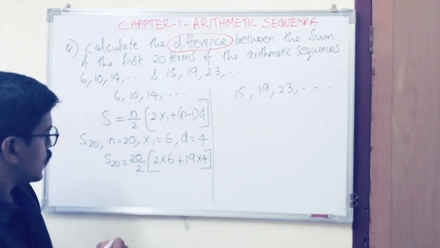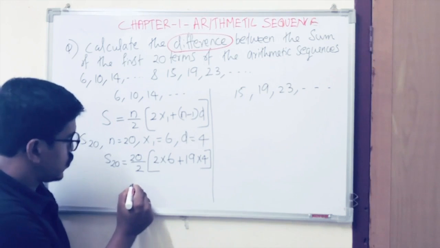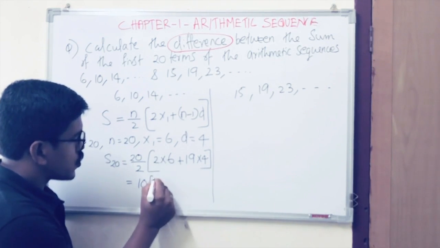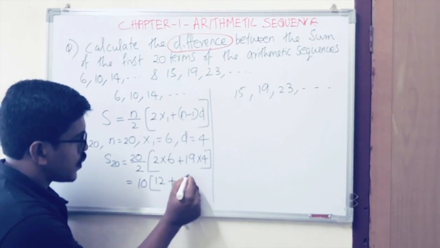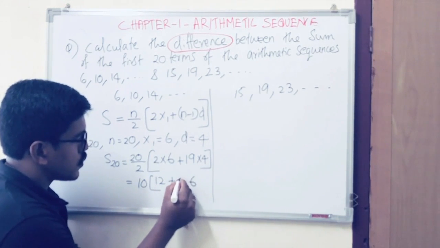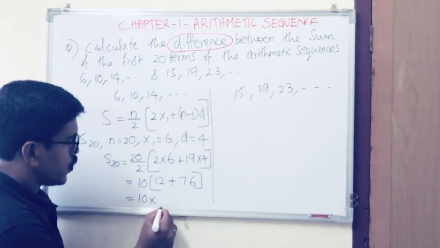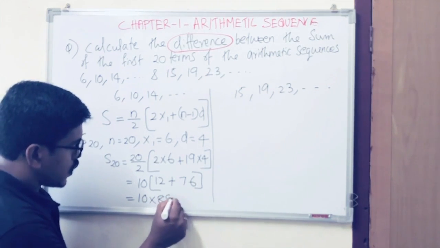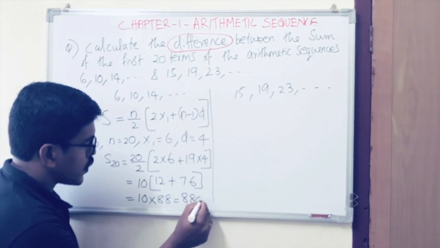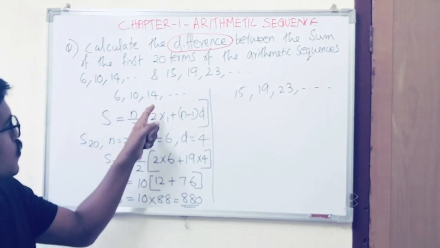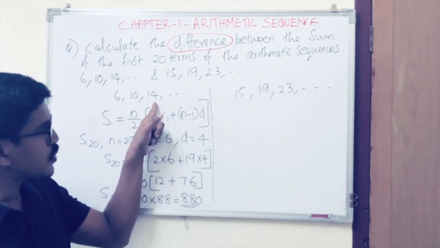Okay, that is 20 by 2, 10 will come, 2 into 6 is 12 plus 19 into 4, 76 will come. That is 10 into 88, that is 880 is the sum of the first 20 terms of this arithmetic sequence.